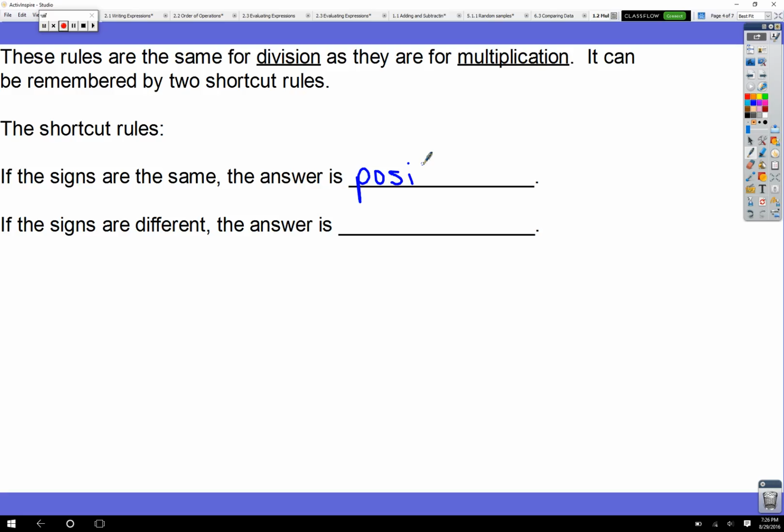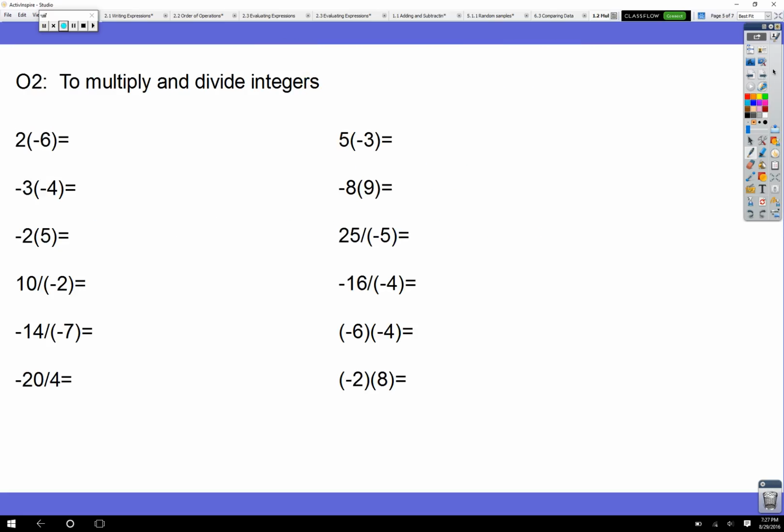So whether they're both positive or both negative, the answer will be positive, and that is true for division as well as for multiplication. If the signs are different, the answer is negative.